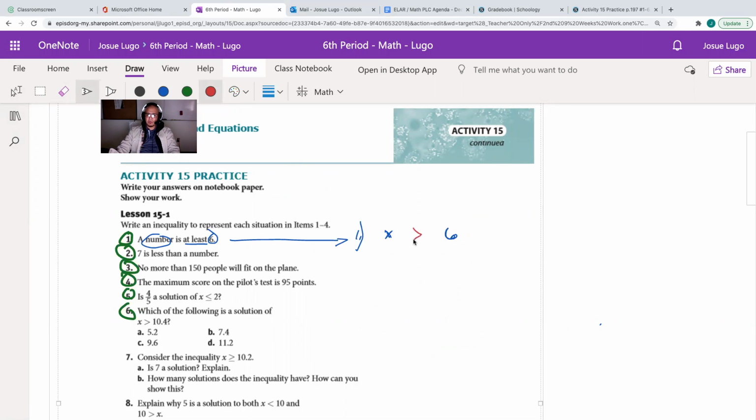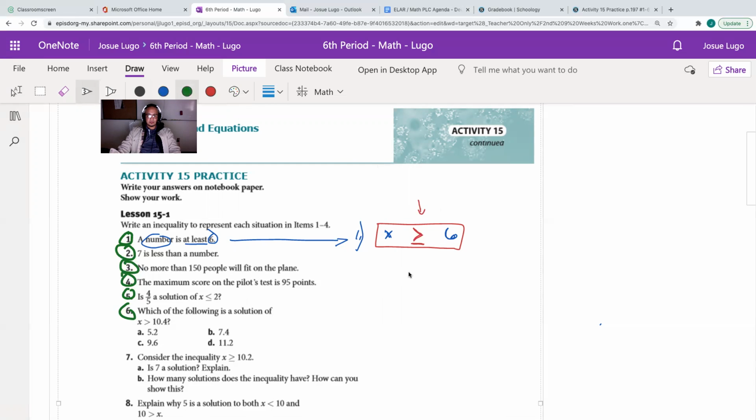Could you win with more than 6 points if you need at least 6? Yes, that works. Could you win with exactly 6 points? Again, yes. So not only could you win with more, but at least 6 implies that you could also do it with exactly 6. So the right symbol is that x needs to be greater than or equal to 6. That would be my answer to number 1. You would select this symbol.